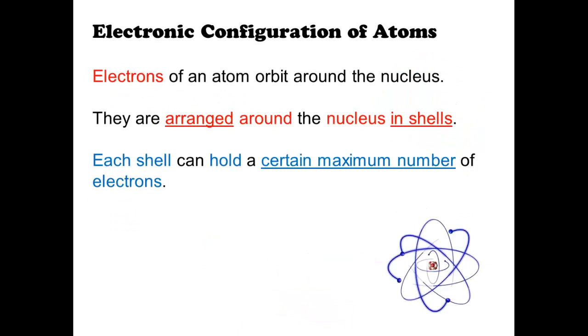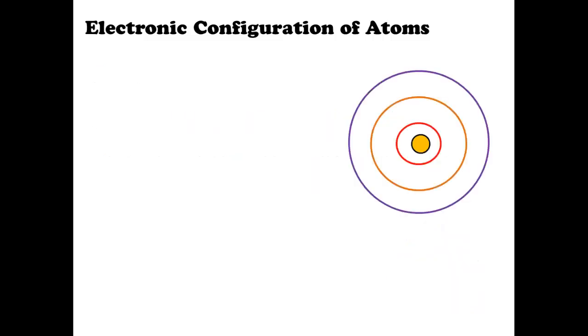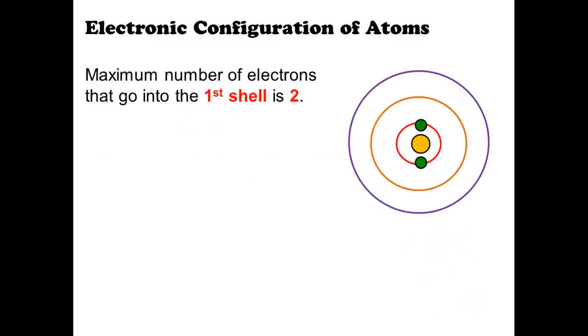In this lesson, we will be learning about the electronic configuration of the atom. We have learned that electrons of an atom orbit around the nucleus. They are arranged around the nucleus in shells, where each shell can hold a certain maximum number of electrons. For the first 20 elements, the maximum number of electrons that can go into the first electron shell is 2.